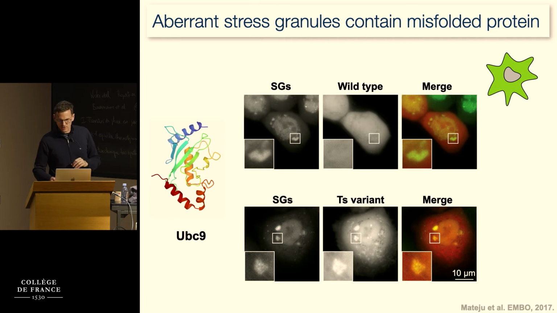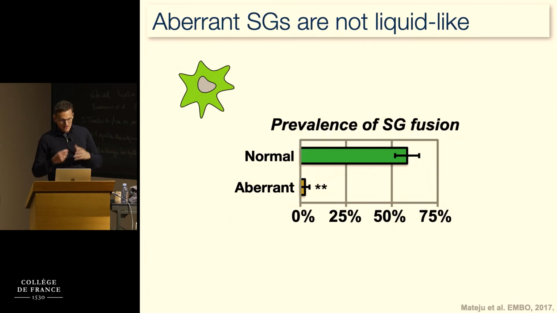The other thing that we noticed is that there was very aberrant behavior. These granules were, of course, liquid-like, I showed you lots of data before that they have these liquid-like properties. They were no longer liquid-like. Yeah? So these aberrant stress granules that contain these misfolding prone proteins showed no fusion events anymore, suggesting that they had undergone some change from liquid to solid.